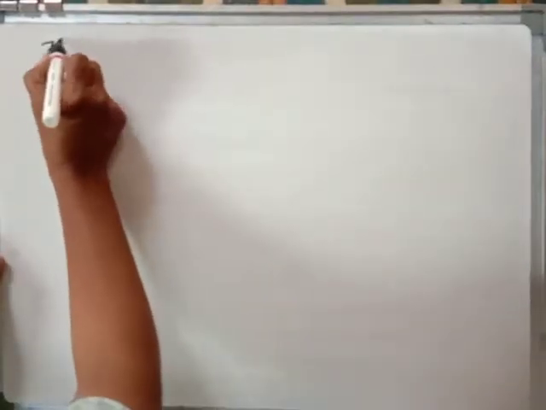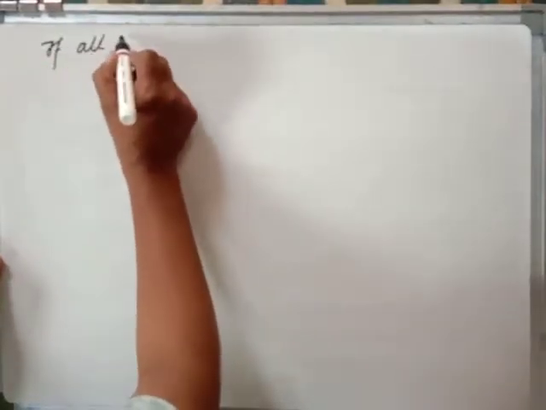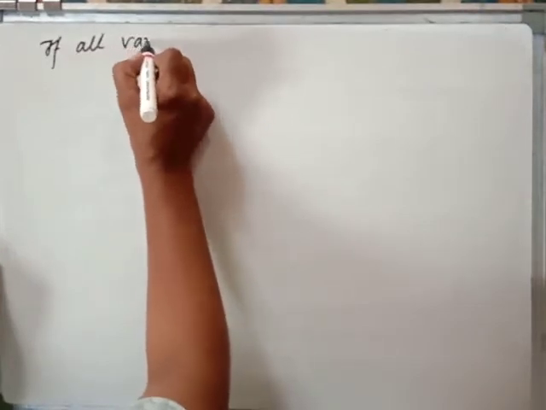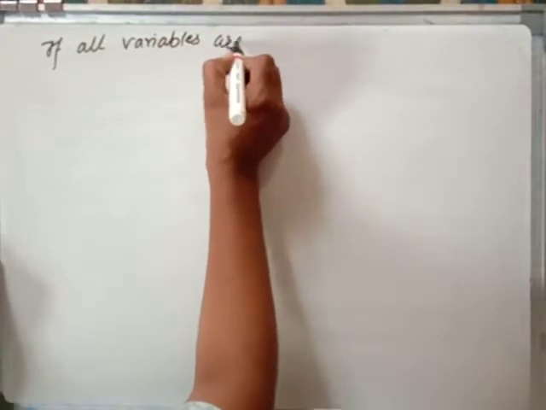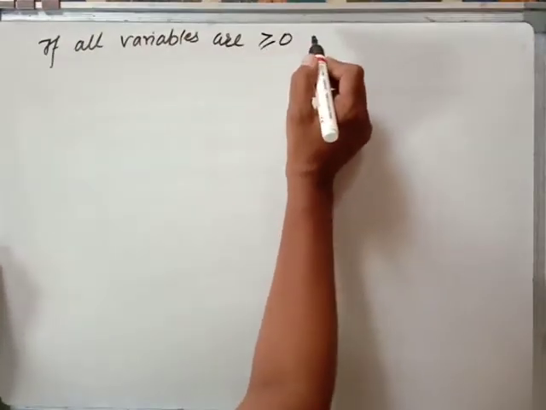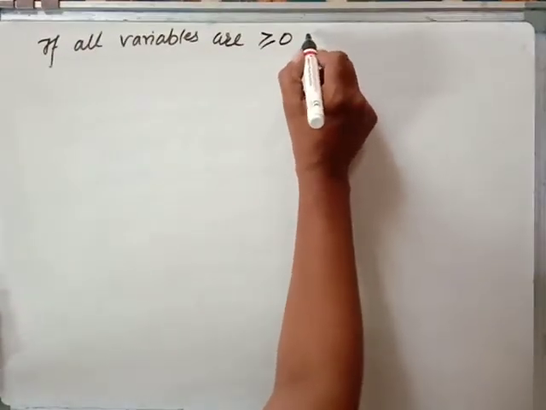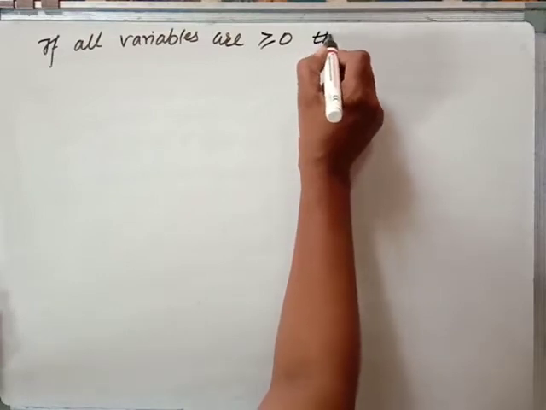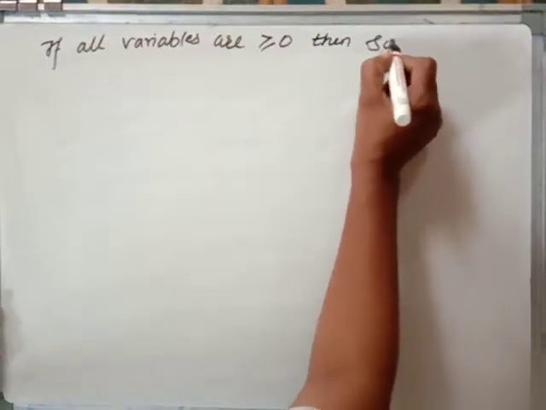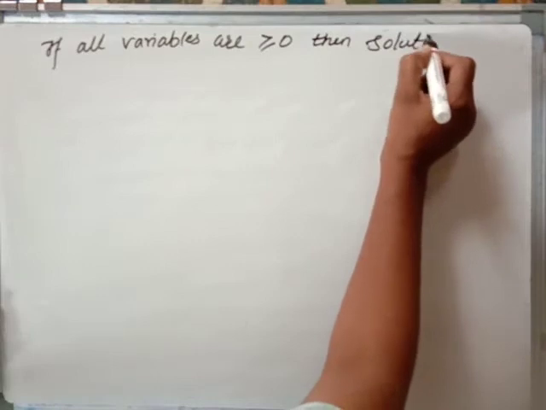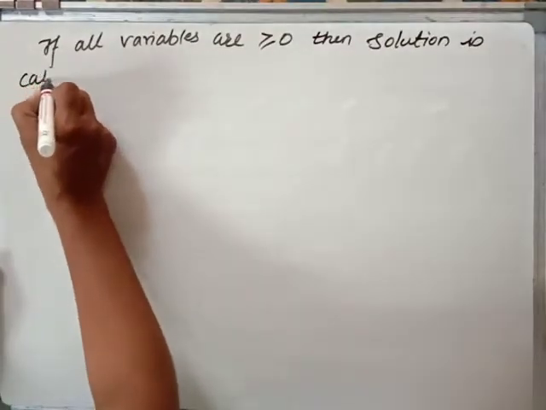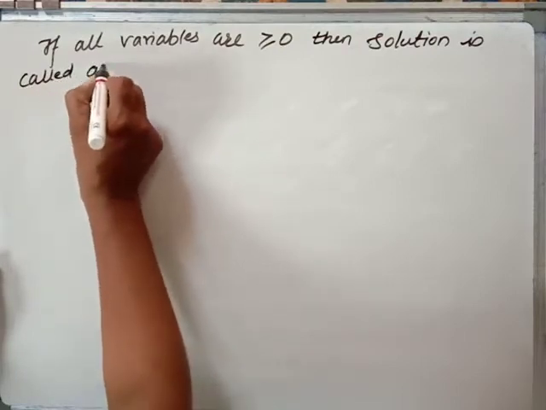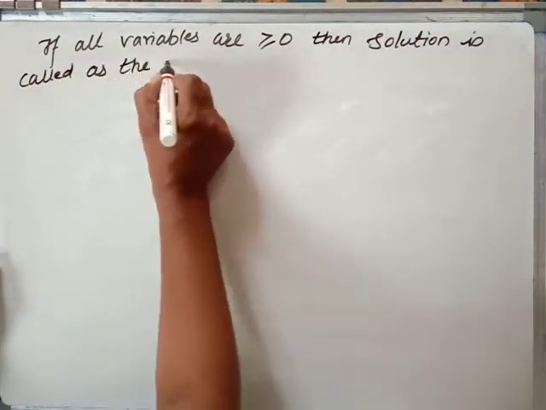Now further, if all variables are greater than or equal to 0, then the solution is called a feasible solution.